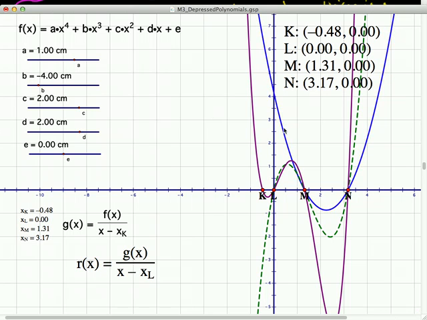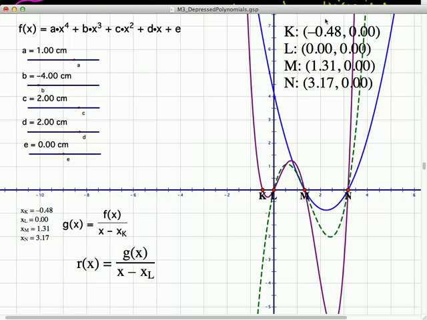So notice that this blue polynomial is 1 degree less than the original depressed polynomial, and it contains the other 2 points that I didn't originally know. So it's just this interesting relationship going on here, and so that's visually what's taking place. And today what we're going to do is algebraically find these things using synthetic division.